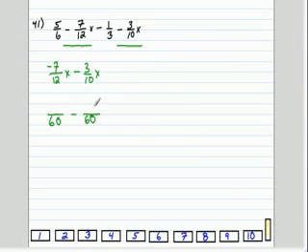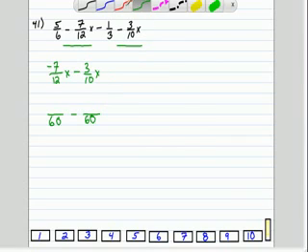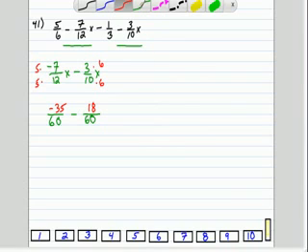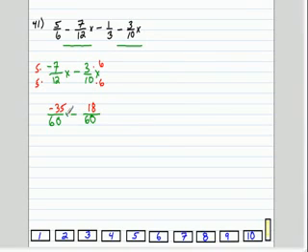I'm going to be subtracting still. And what do I multiply times 10 to be 60? Multiply both of those by 6. So I have 18 now. Multiply by 5 on the other fraction. And I have a negative 35. And I still have my variable x in here.